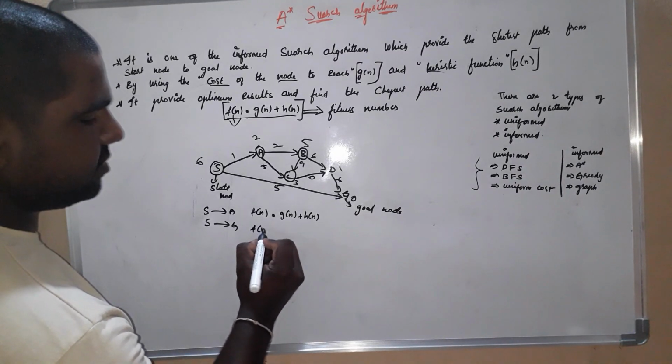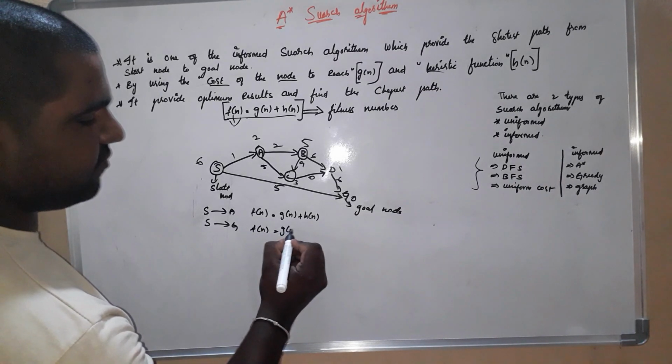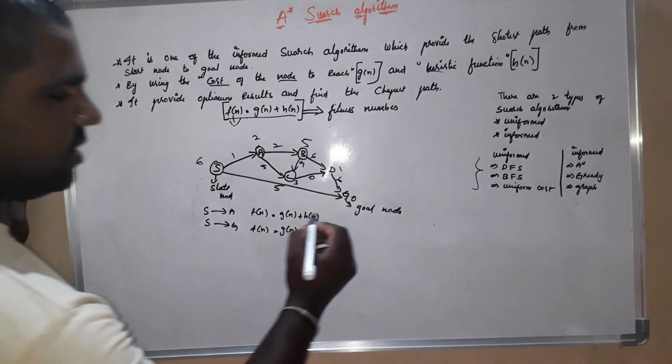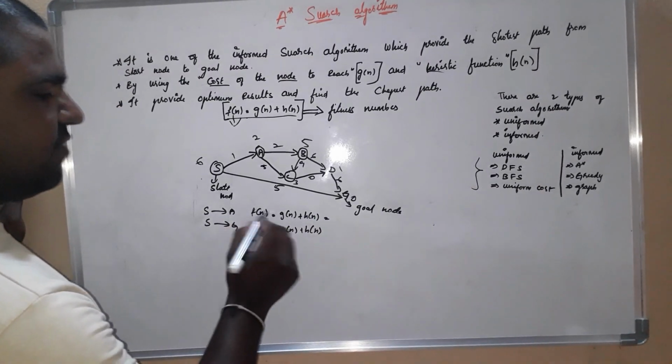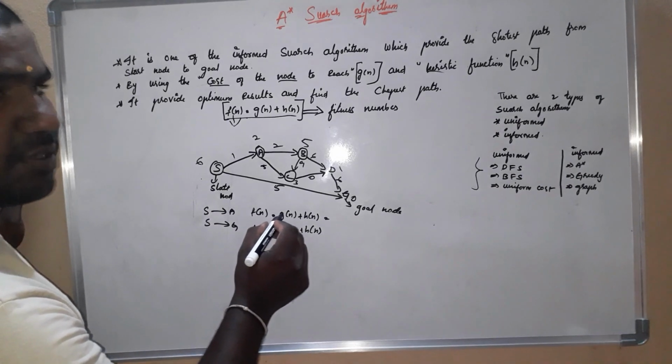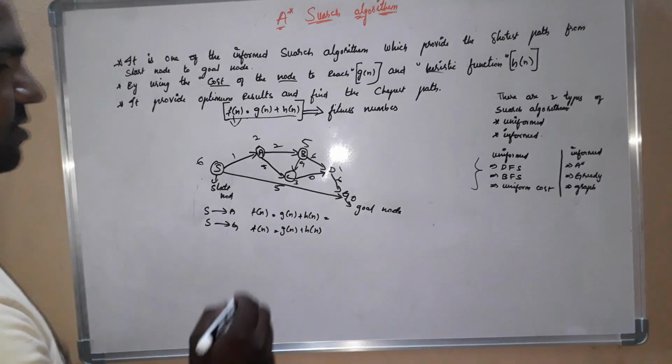f of n is equal to g of n plus h of n. We have the formula. Here f of n is the cost to reach, the addition of g of n and h of n.